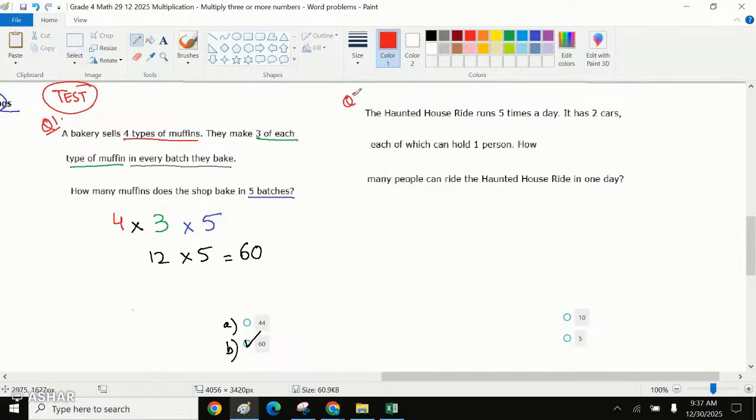The haunted house ride runs 5 times a day, 2 cars, each of which holds 1 person. That means 5 times a day, 2 cars of which can hold 1 person, right?